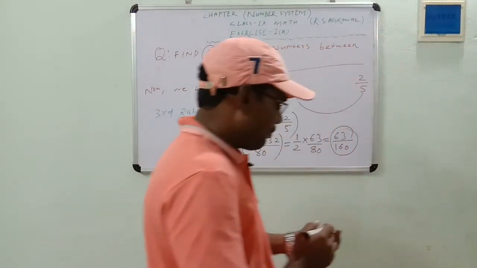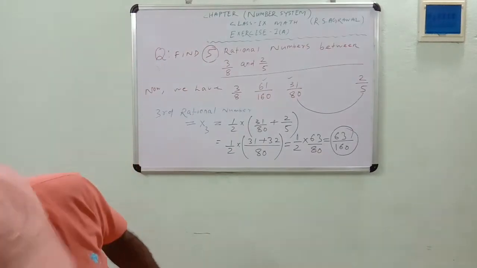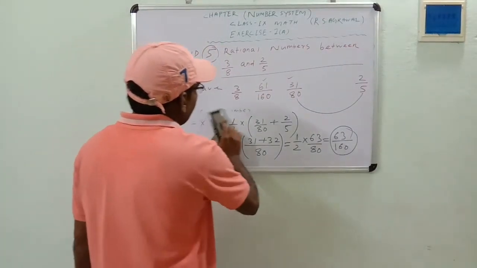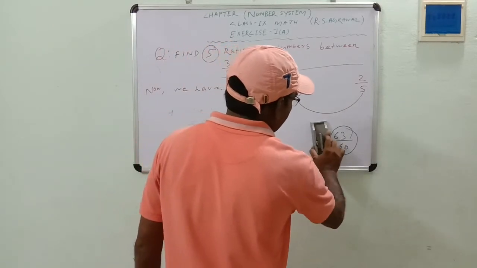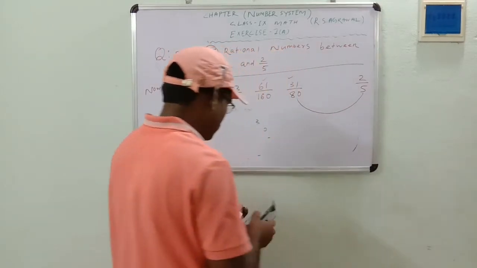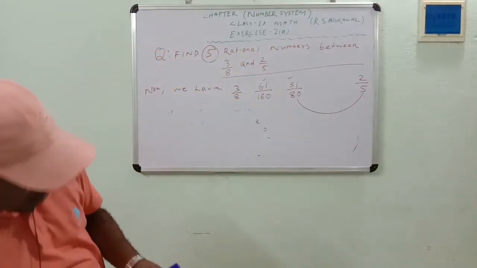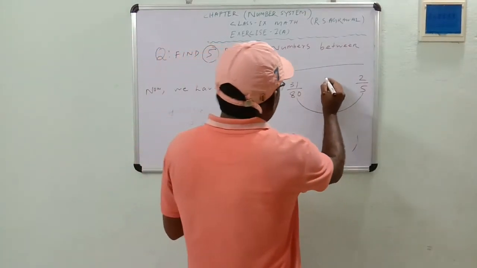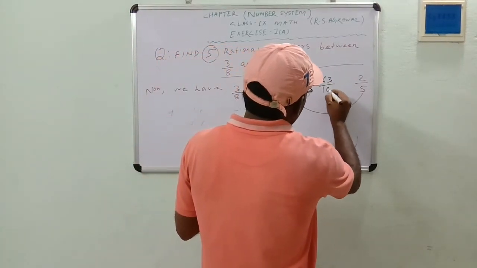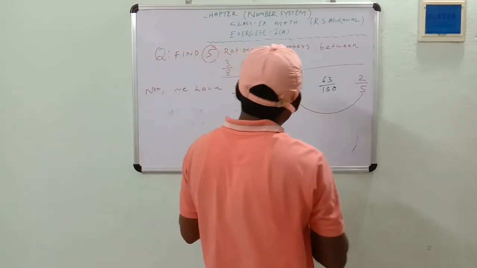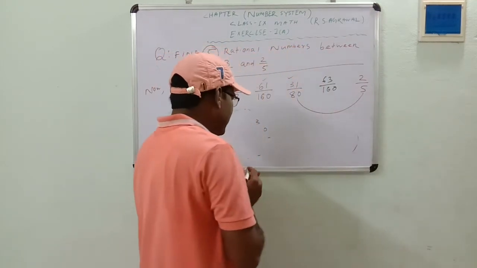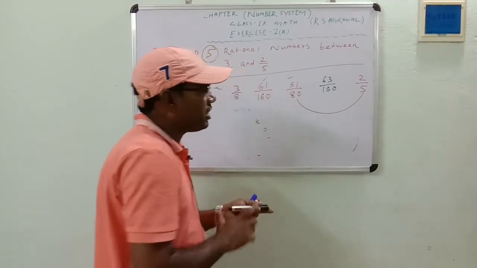So students, now you have 3 by 8, 61 by 160, 31 by 80, 63 by 160 and 2 by 5.